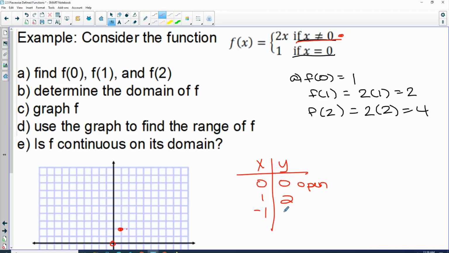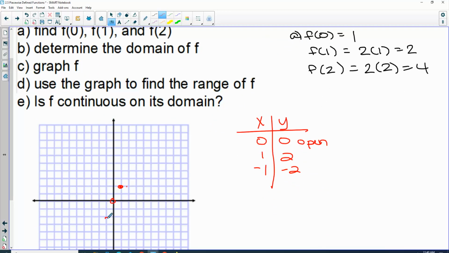Put in negative 1, 2 times negative 1 is negative 2. So this one, it was for everything except 0, so it kept going in both directions. So we extend that line both ways.